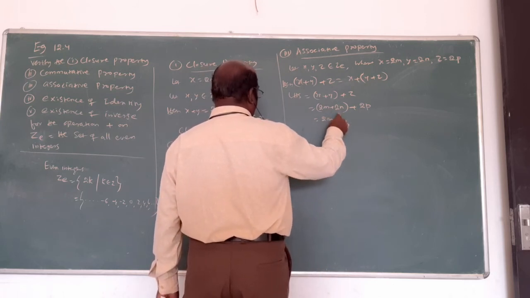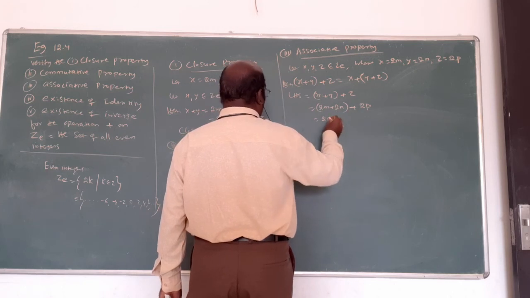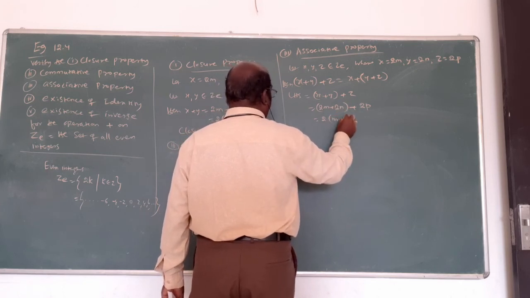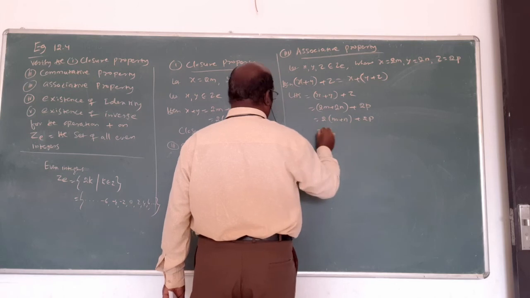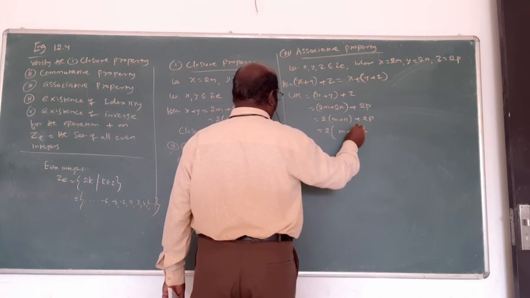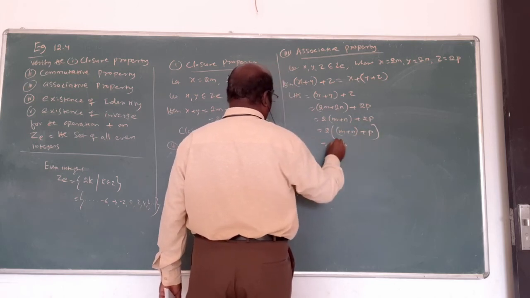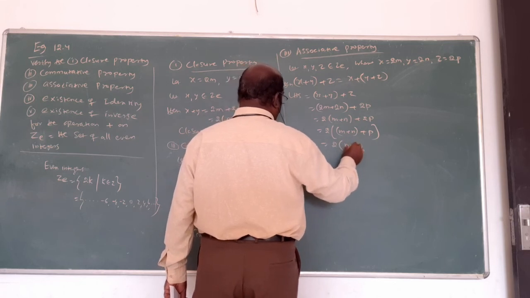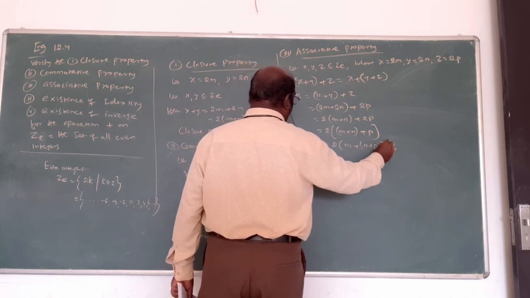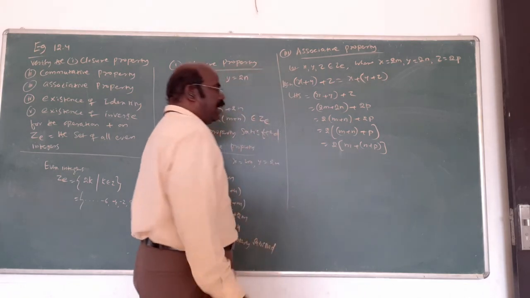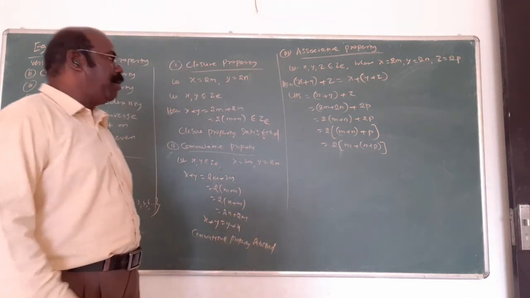2m plus 2n. Then the 2 is common outside: (m plus n) plus 2p. 2 is again common: 2 times (m plus n plus p). Now you want to interchange the bracket. This is ordinary addition, ordinary numbers.